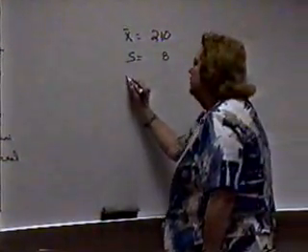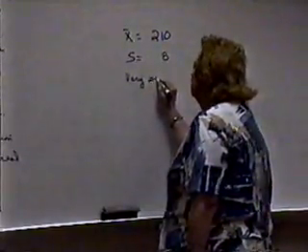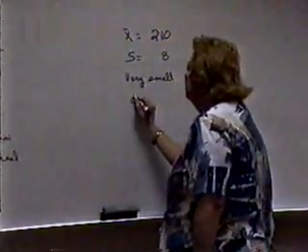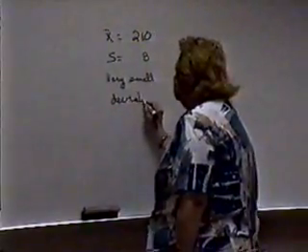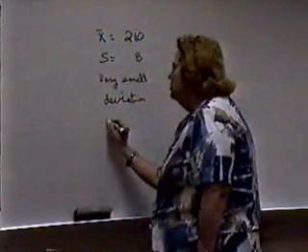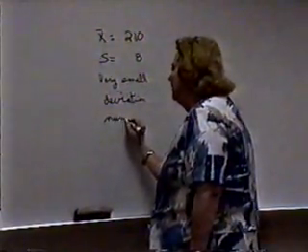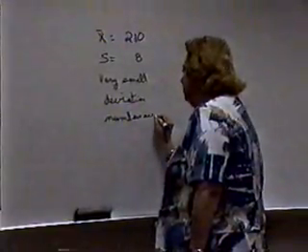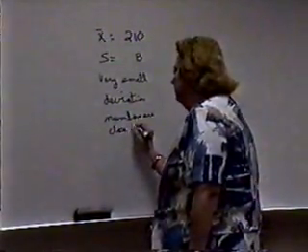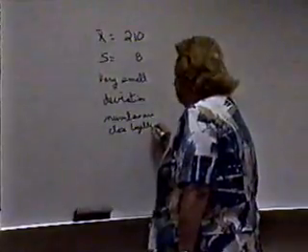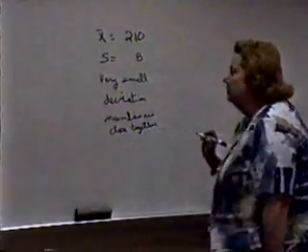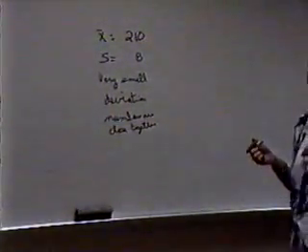So this would be a very small deviation. If it's a small deviation, the numbers are close together. Very small deviation, the numbers are close together.